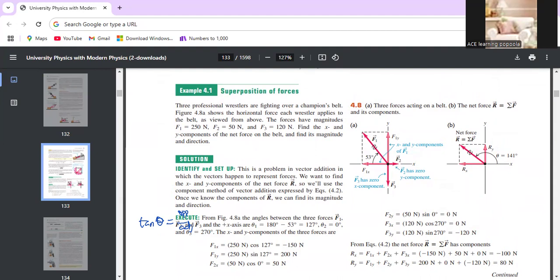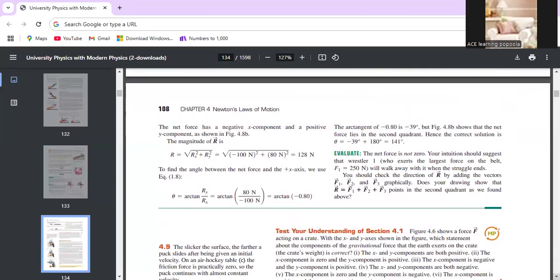But usually it's Ry over Rx, okay? Like the vertical over the horizontal. You can also use that to remember. So since it's vertical over horizontal, then that's Ry divided by Rx.